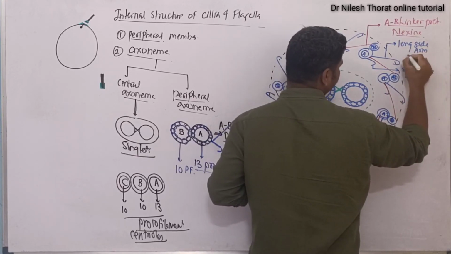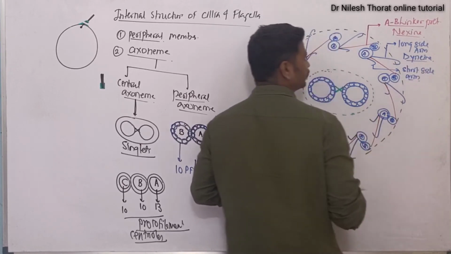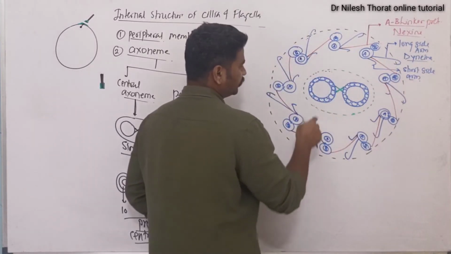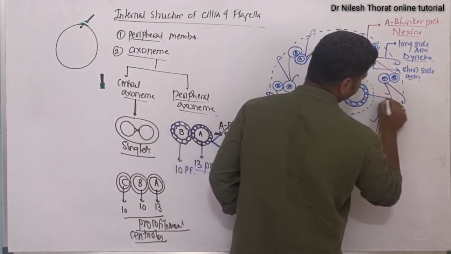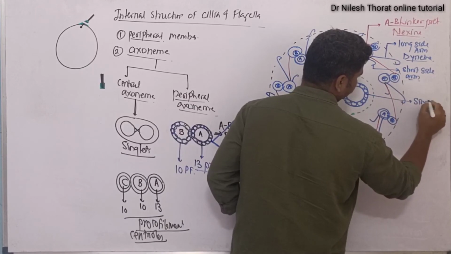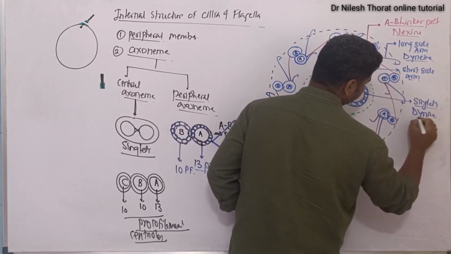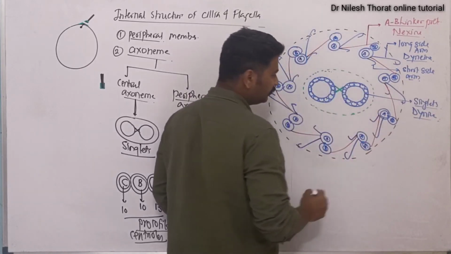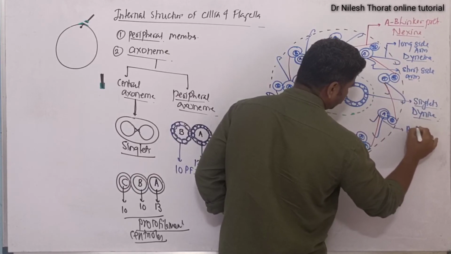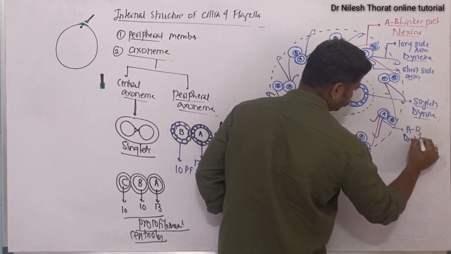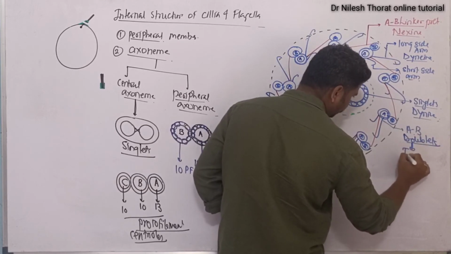This long side arm is made up of dynein protein, which is a contractile protein, and the tubules, the singlets, these are the singlets, are also made up of dynein protein, while the AB doublets, these are the AB, are made up of tubulin type of protein.